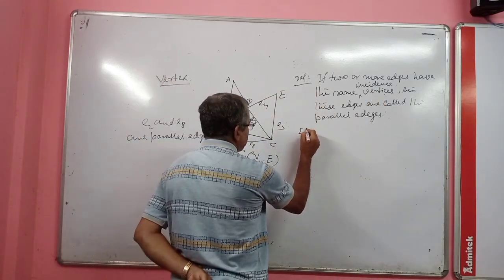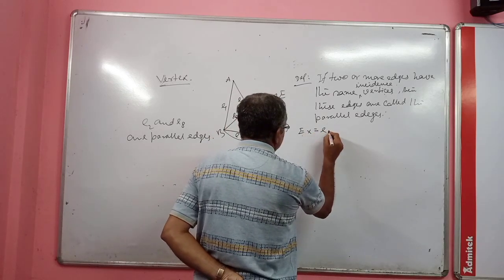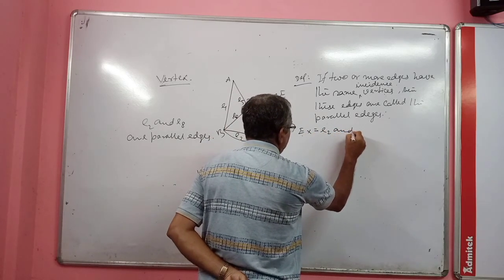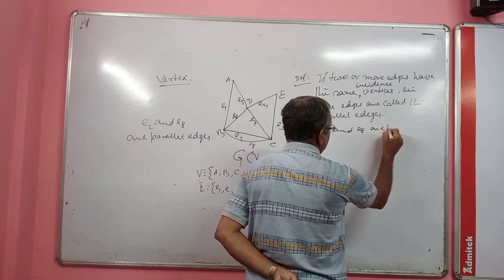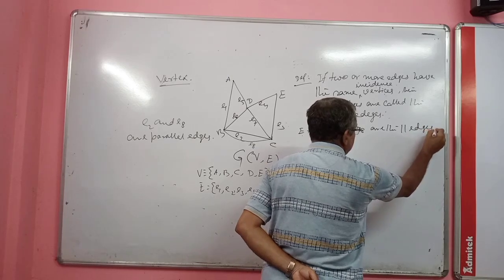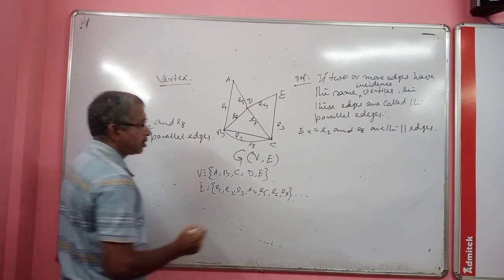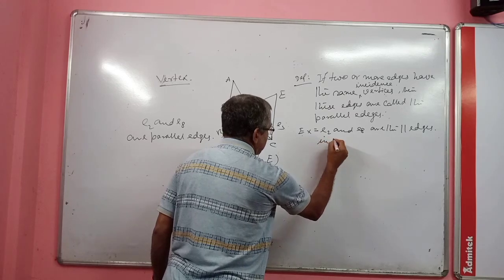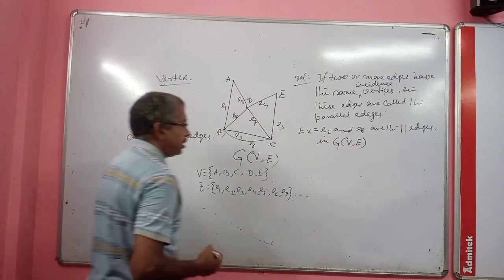Example: E2 and E8 are the parallel edges. E2 and E8 are the parallel edges in G(V, E).